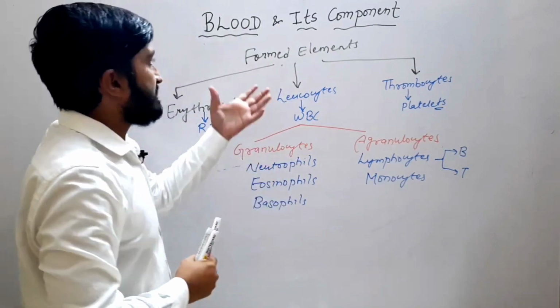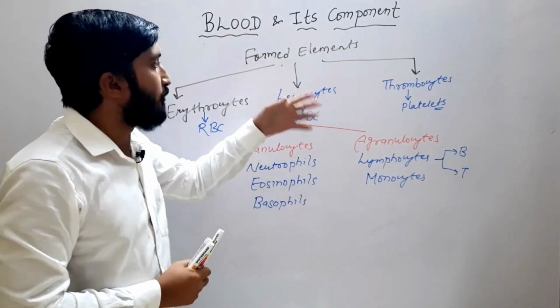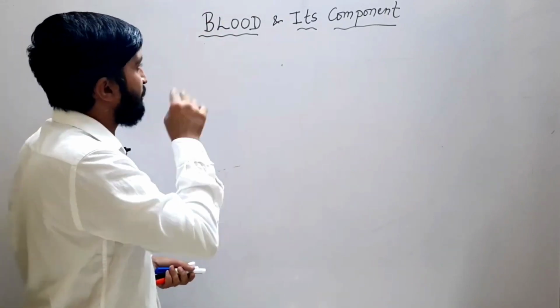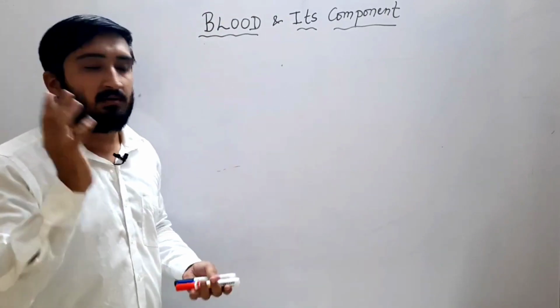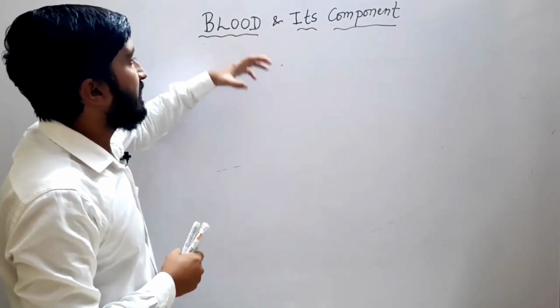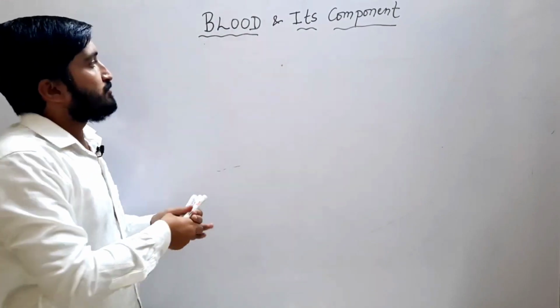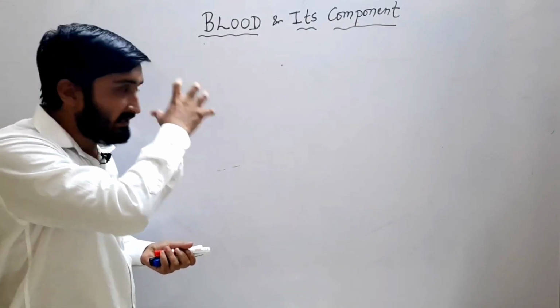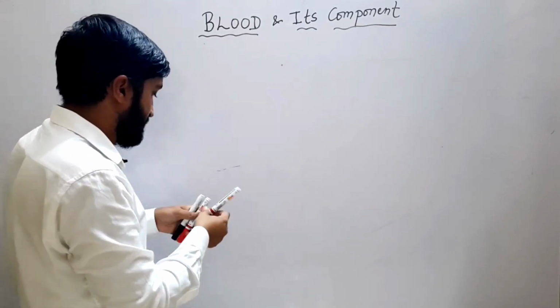Now let us first discuss how these cells are formed. The formation of these formed elements is by two types of cells. These commonly originate from the stem cells. The formation of these cells is known as hemopoiesis.